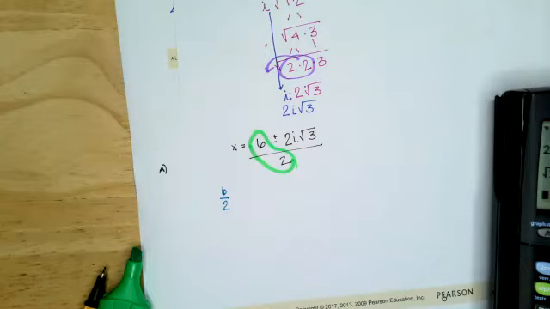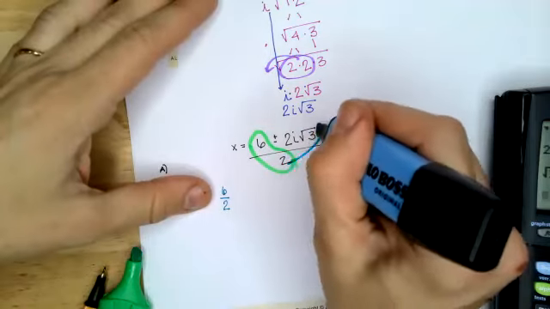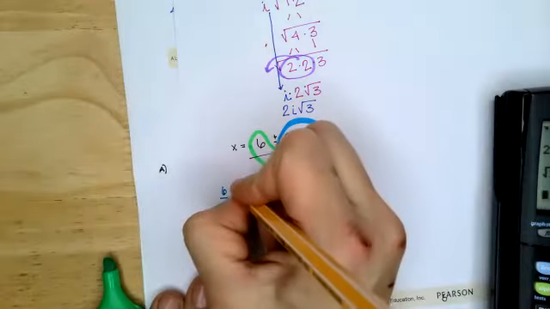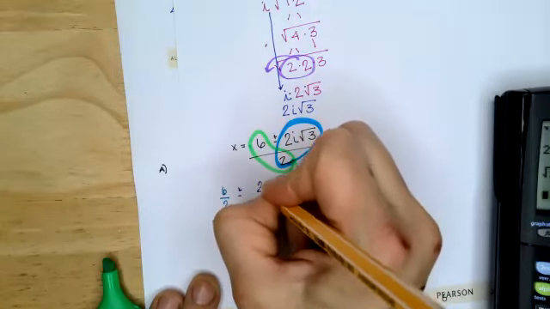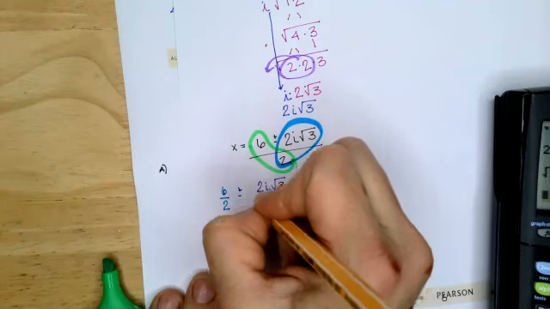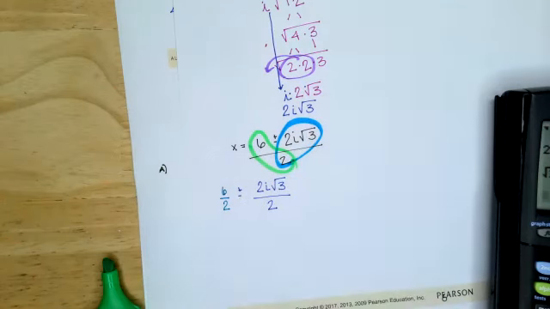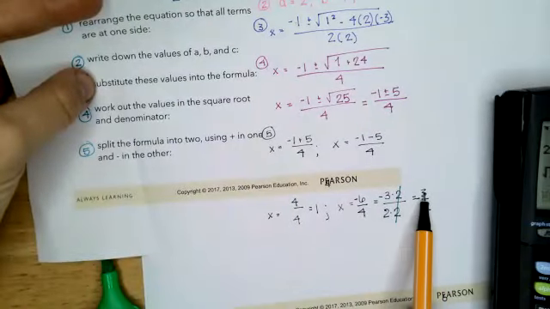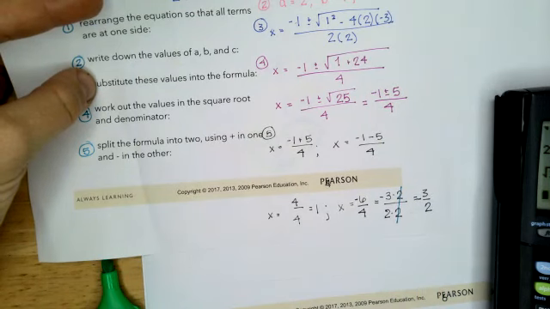And then separately, think about 2i square root 3 over 2. Okay. And now we have two different fractions that we can simplify. Just like we simplified negative 6 over 4 becomes negative 3 over 2, right?